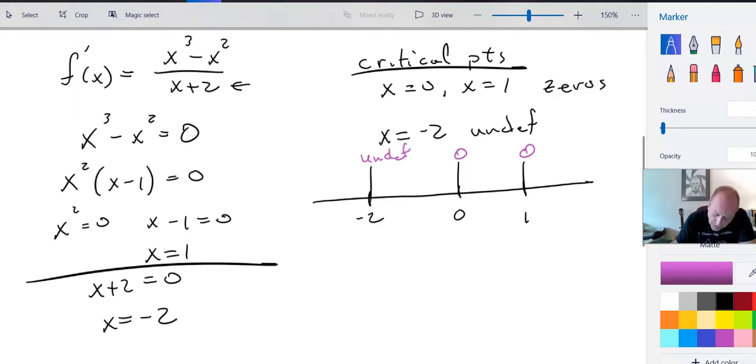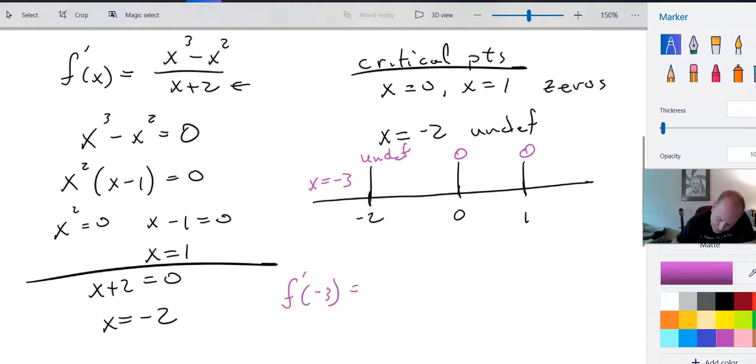Okay, now we have to figure out what the signs are in between these things. I'm just going to start all the way over to the left, and I'm just going to write the evaluation point I'm picking. So here I'm going to go x equals negative 3. And what we have to do is plug it into the function and look at what sign it is, right? So really you're looking at the sign of f prime of negative 3.